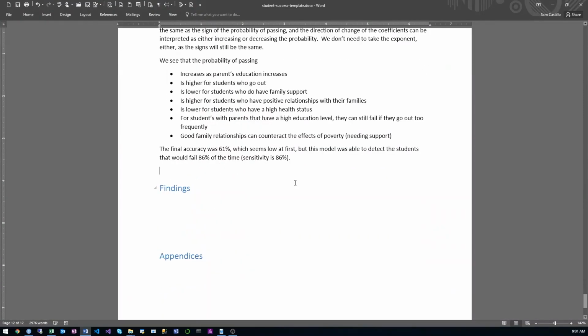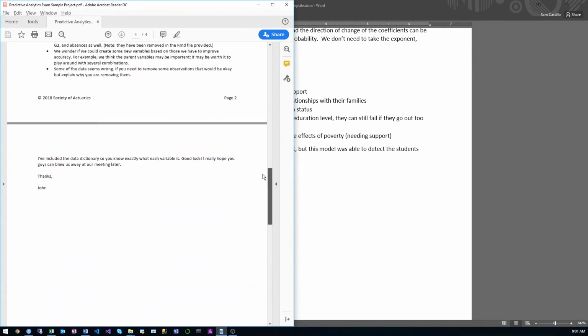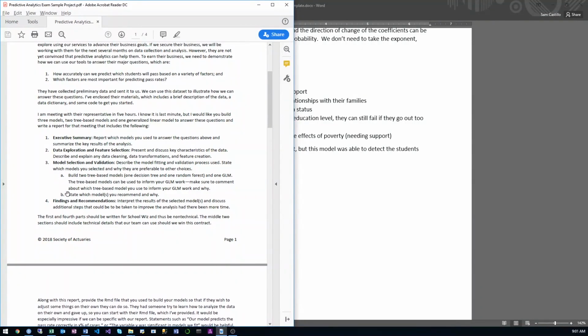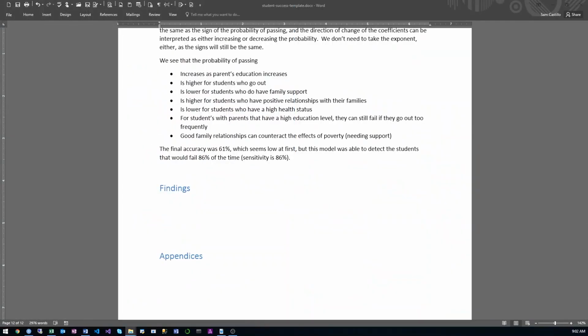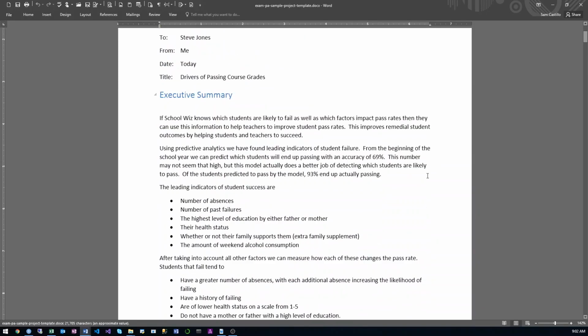Finally, we're on to the findings section. So we've gone back and done the first 3 sections. And lastly is to interpret the results of the selected models. Okay, and I'm just confused because I realized that it doesn't tell you how many points each of these is worth, which is odd because usually they do this. So I'm looking back at the template.